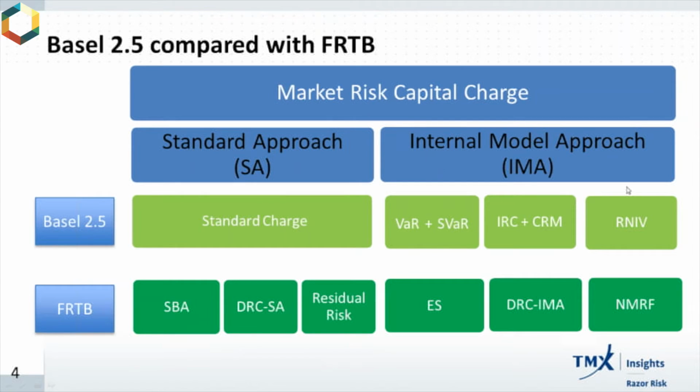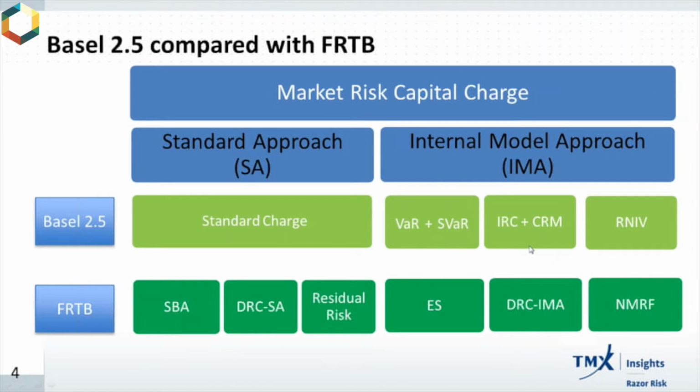And for the internal model approach, the market risk capital is calculated by VaR plus stressed VaR under Basel 2.5, and it will be replaced by the expected shortfall calculation. IRC, which is the incremental risk charge, will be replaced by the IMA DRC, which is the default risk charge.